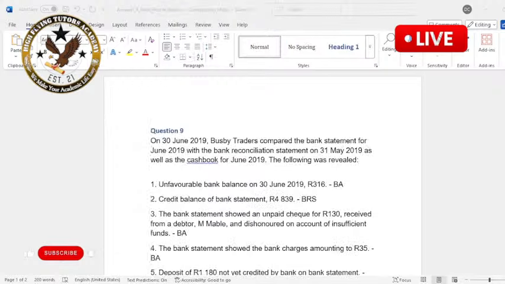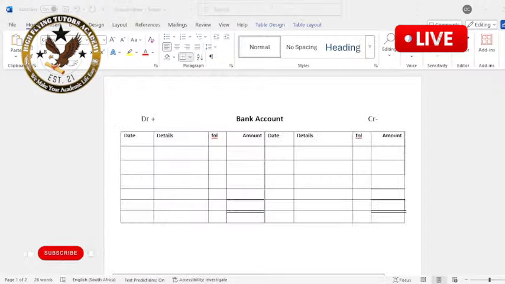They say we've got an unfavorable balance on the 3rd of June 2019. So that is the opening balance of the bank account. So we need to go to the bank account on our answer sheet, on the debit side, and say balance.